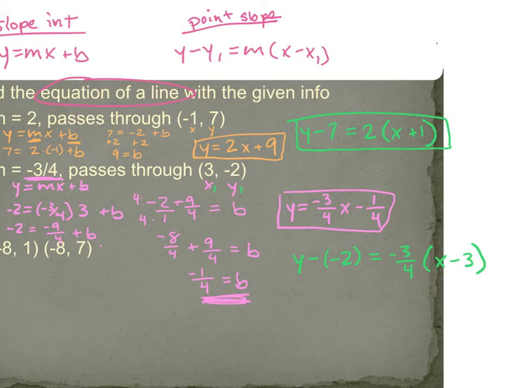And we can simplify this equation a little bit just by changing our minus a negative, so this becomes y plus 2. So here we have our equation in slope-intercept form and point-slope form.